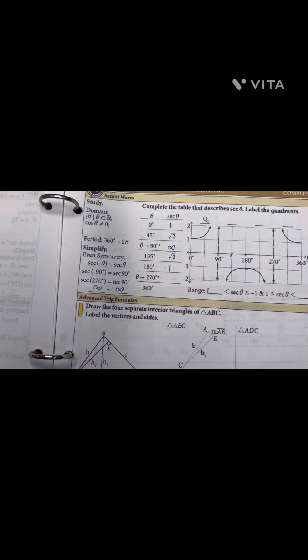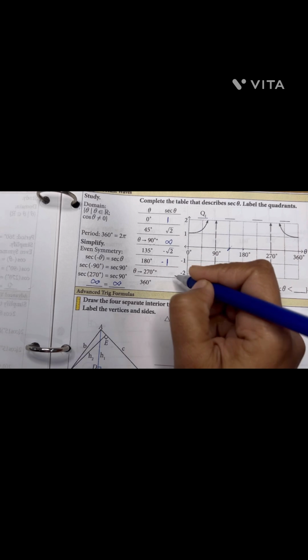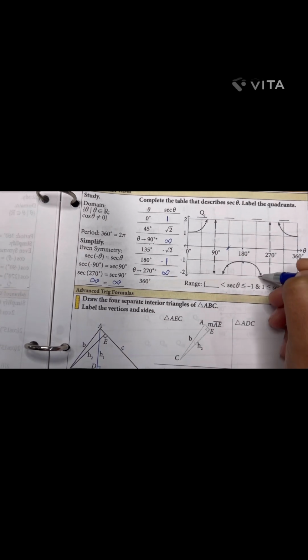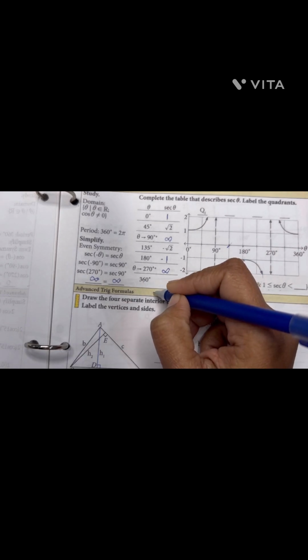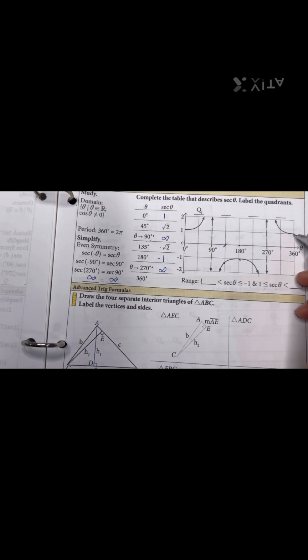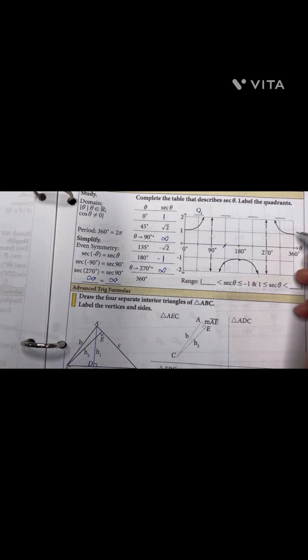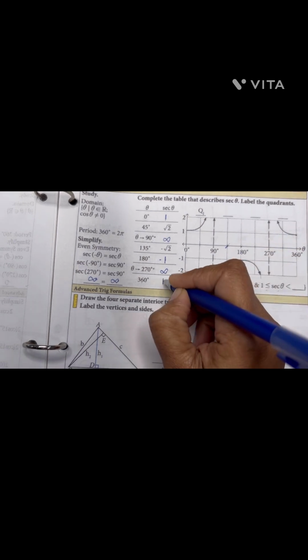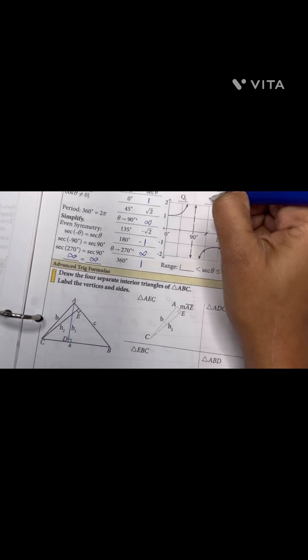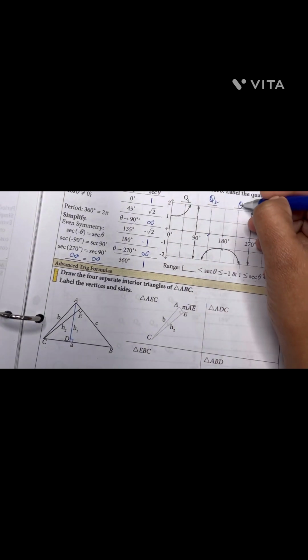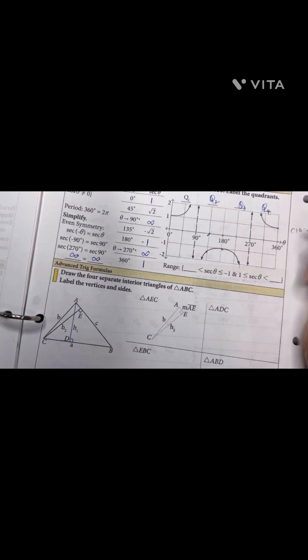Okay. And then as theta approaches 270, I'm approaching infinity because the line goes down like that. And as theta approaches 360 over here, you see that it's again 1. Okay, so it's positive 1. Okay, so my range here, well, let me label the quadrants, Q2 here, Q3 here, and Q4 here.